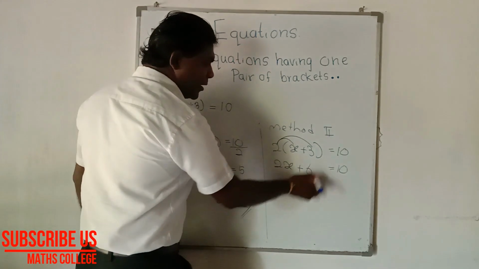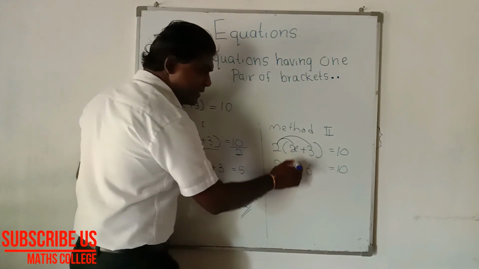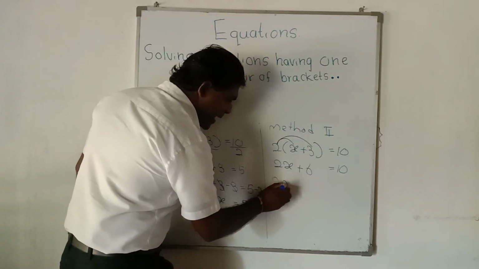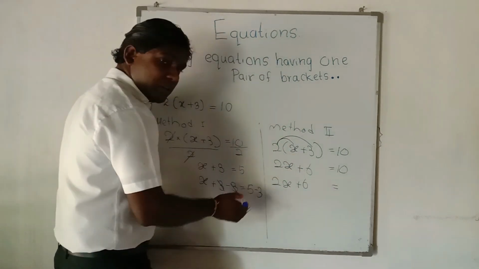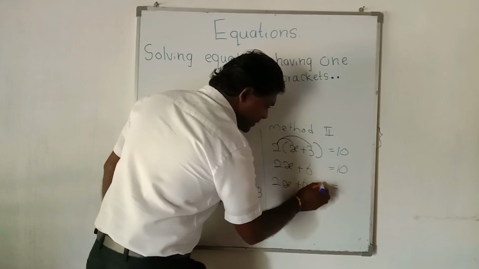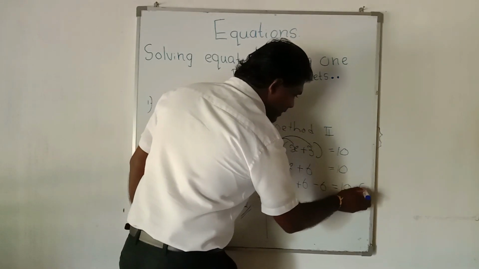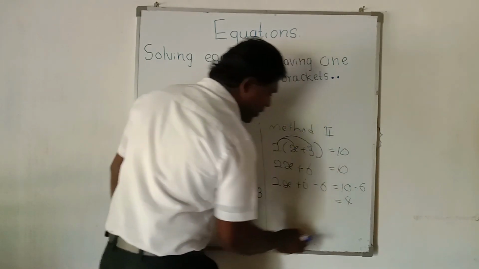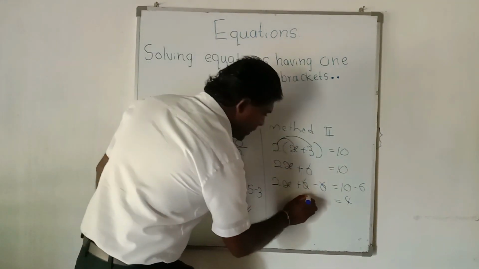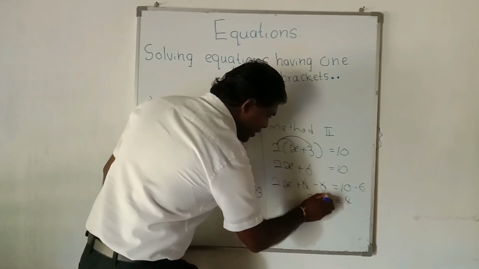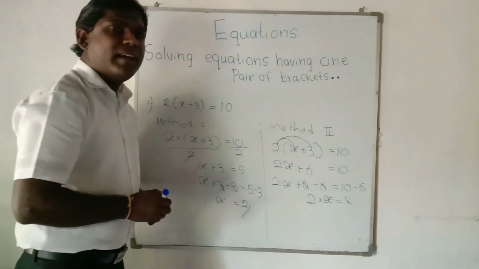Now we can remove this 6 from this side. 2x + 6, the opposite operation is subtraction 6. 10 subtract 6 is 4. Plus 6 and minus 6 cancel to 0. 2x remains. 2x means 2 multiply x.